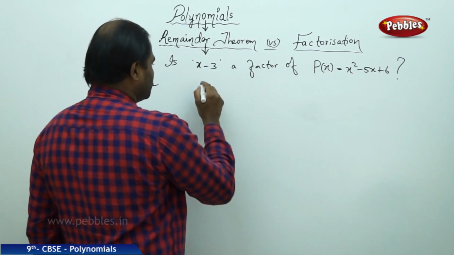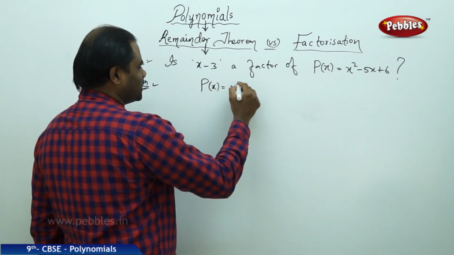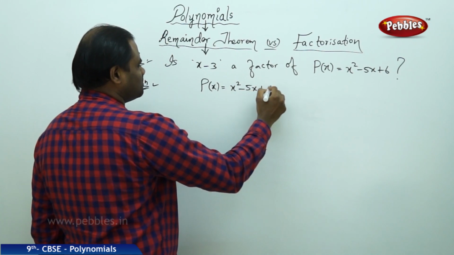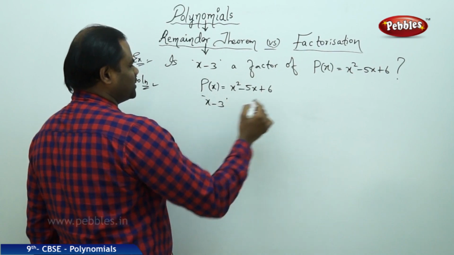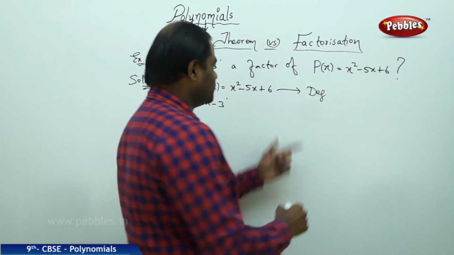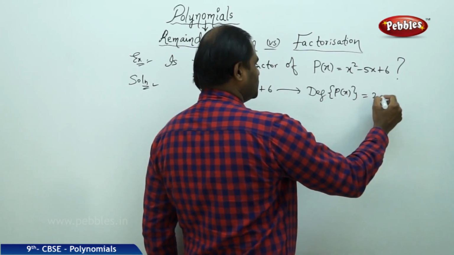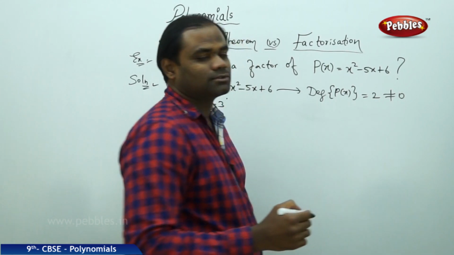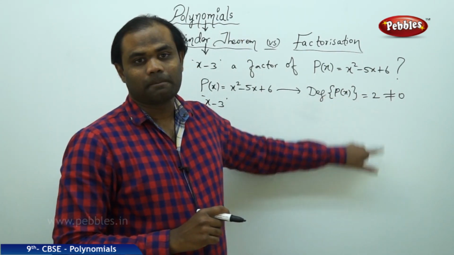As I have the given polynomial to be P of x equals x squared minus 5x plus 6 and my linear polynomial which is x minus 3, I clearly see the condition 1 of the remainder theorem which says the degree of P of x is 2, which is not equal to 0. The condition 1 where the degree is non-zero.